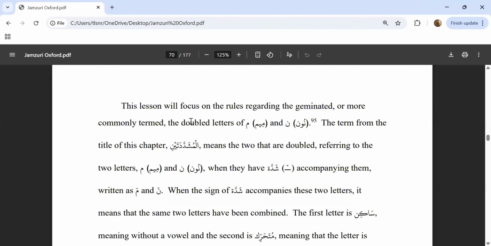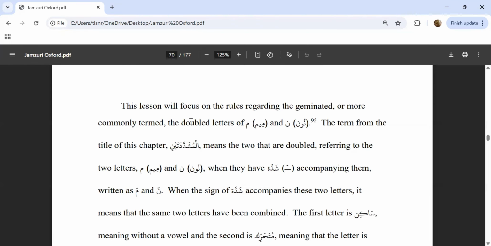Because obviously, when you have a shadda on a letter, if we were to write that out, that would mean that the first letter is with a sukoon, and then the second has a harakat, tanween, fatha, and so forth. So the term from the title of this chapter just means that we have two letters which are being doubled, and it's focusing on the two letters meme and noon.